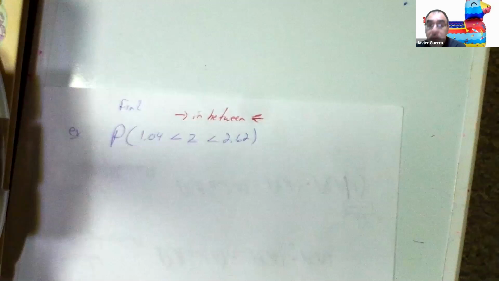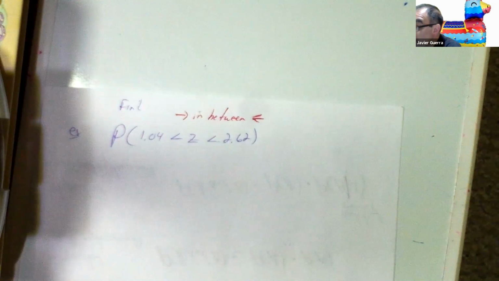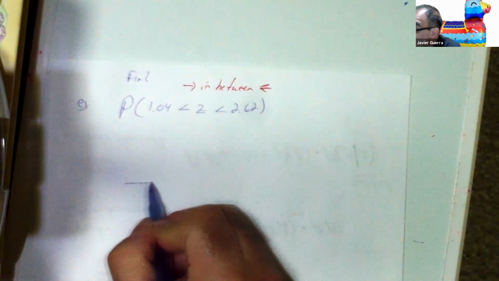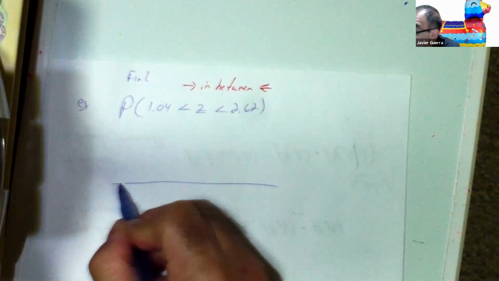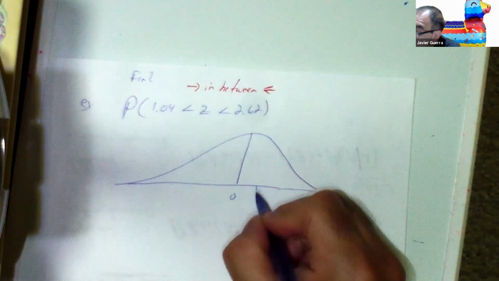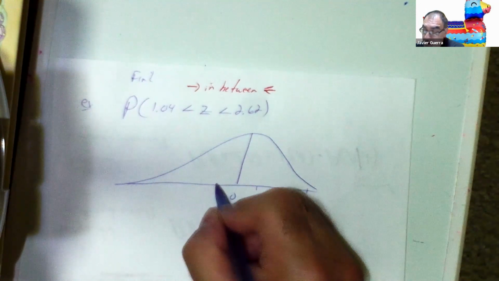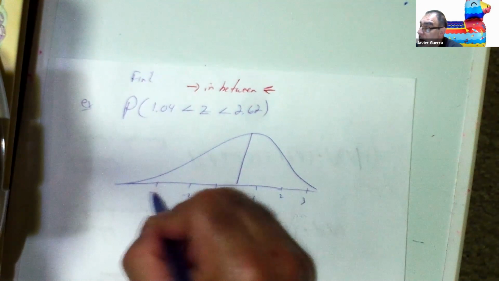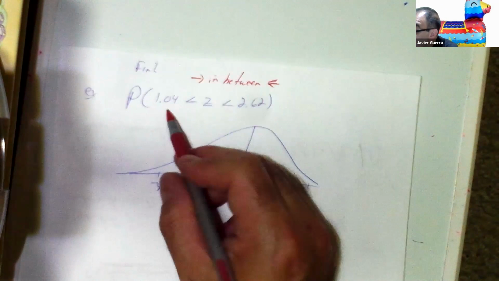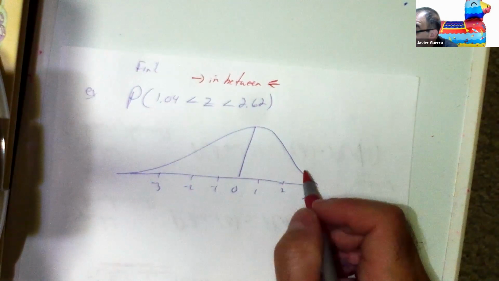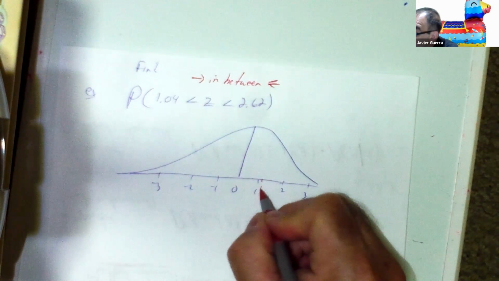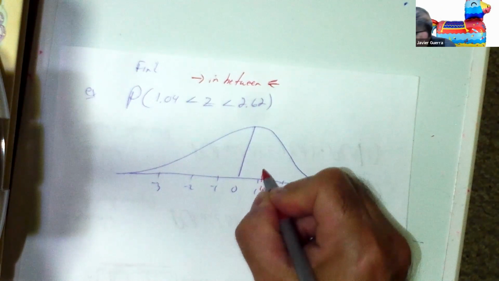Okay, so you're going to draw your graph. There's 0, 1, 2, 3, -1, -2, -3, and you're just going to have to wing it. 1.04 is positive, so I'm going to say it's about right there. You're going to have to wing it.